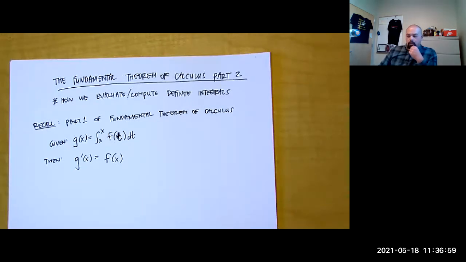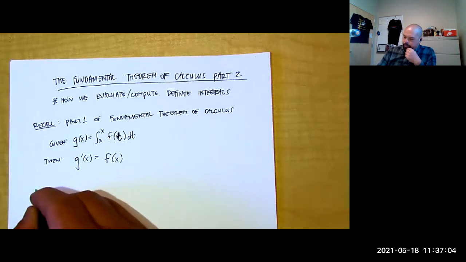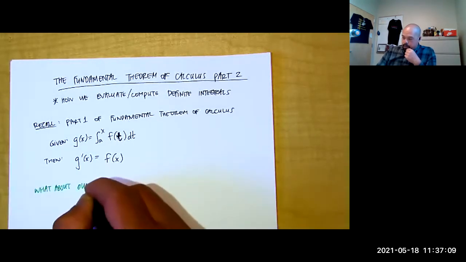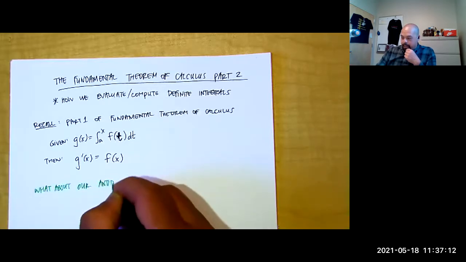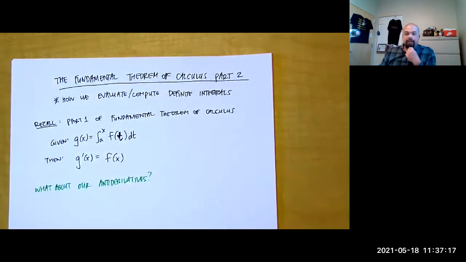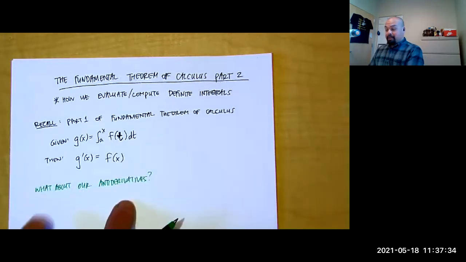So now, with that information, let's think back. What about our anti-derivatives? We talked about it in our textbook from section 4.9, right? Kind of going backward. We took a derivative, now going back, and hopefully with that in mind, that idea of the derivative and integral being inverses, kind of opposite operations, it's going to make sense to relate these.